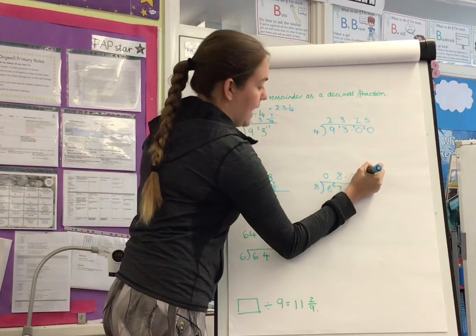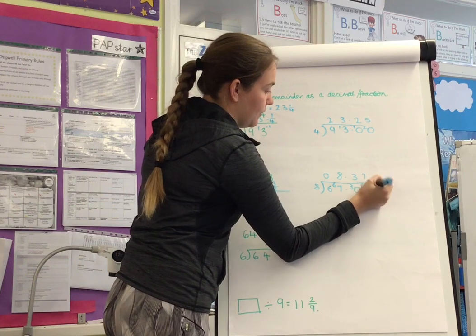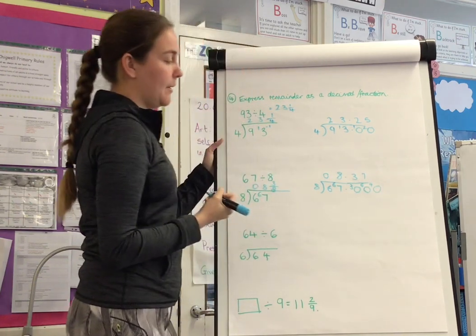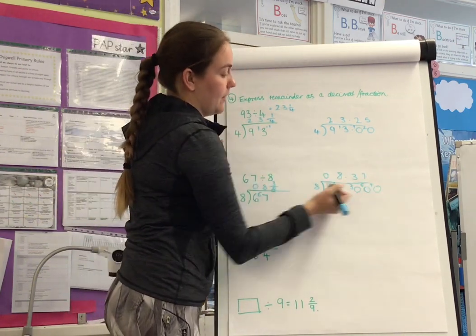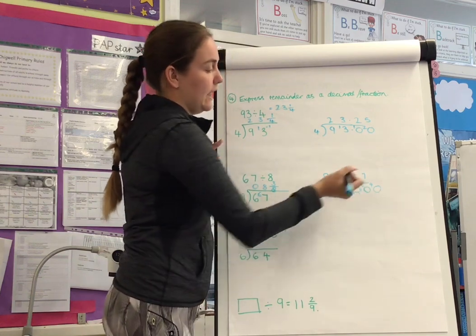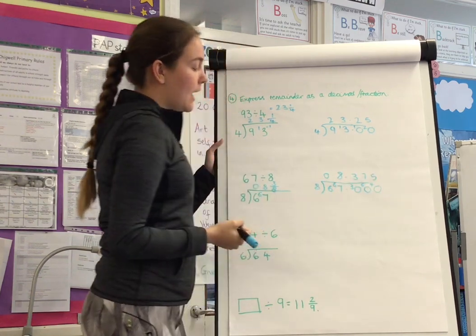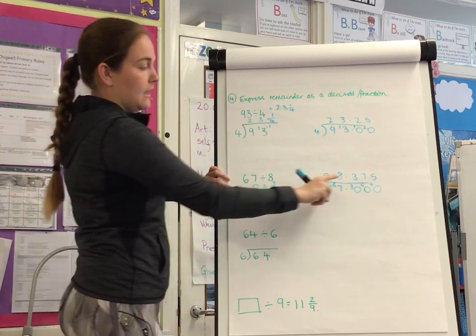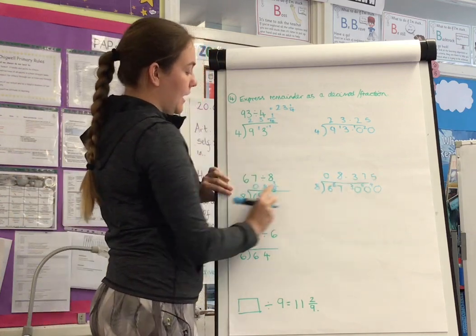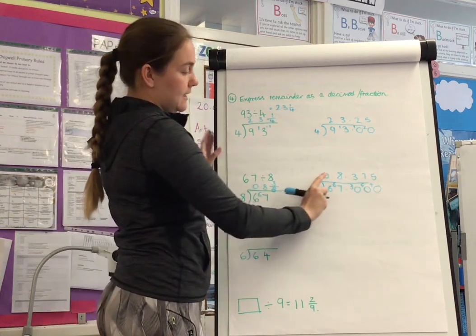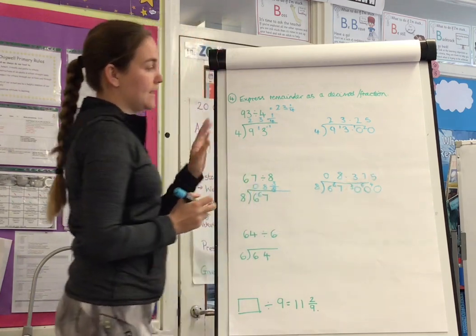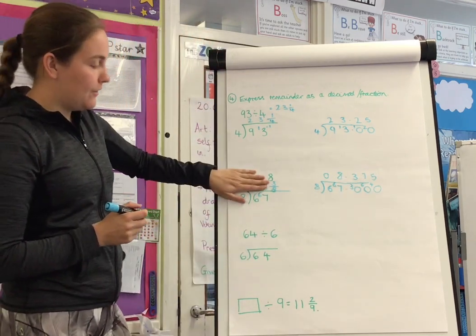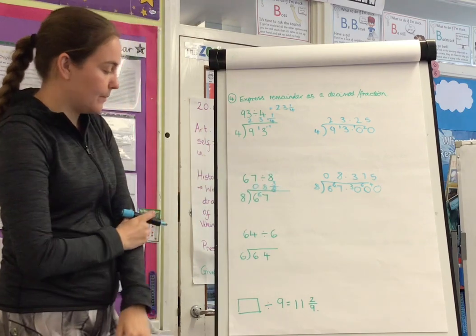So it's going to be 7 8s are in 60 with 4 left over. And we're putting another 0 and we're carrying the remainder over. How many 8s are in 40? I know is 5. Now I know that 3/8 is the same as 0.375. So 8 and 3/8 is the same as 8.375. And that's how I would calculate that one with my remainder as a fraction and as a decimal.